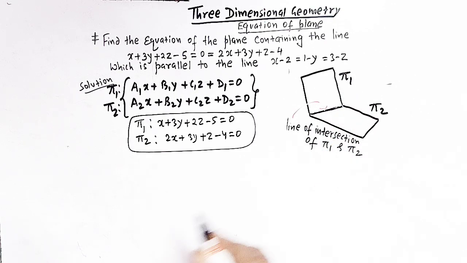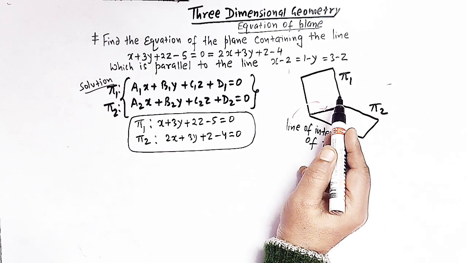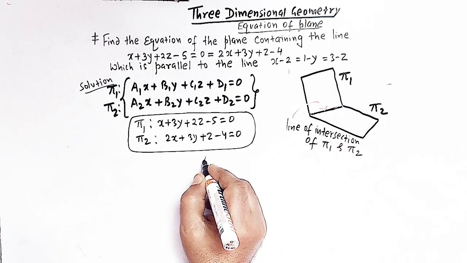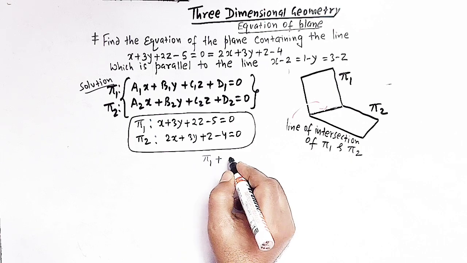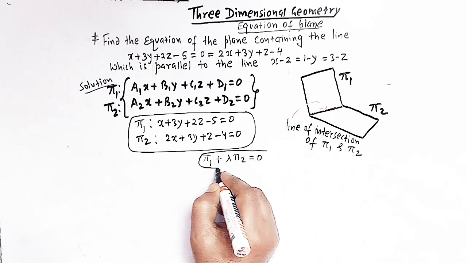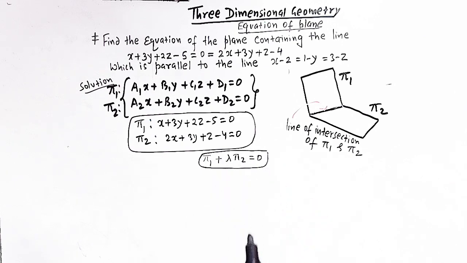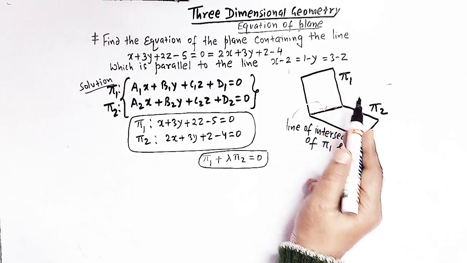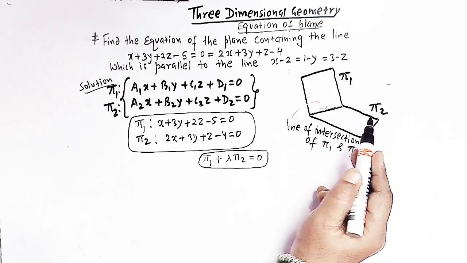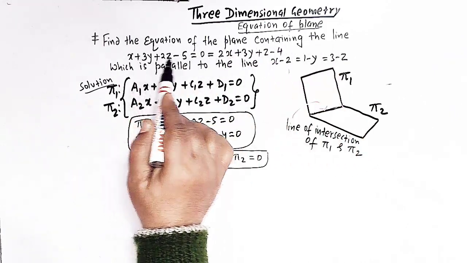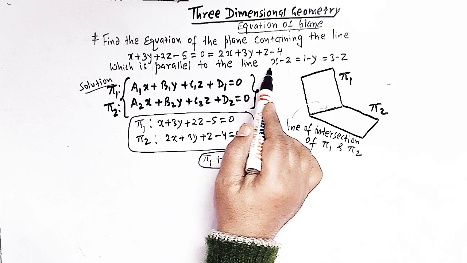So the equation of a plane which passes through the line of intersection of pi 1 and pi 2 is given by pi 1 plus lambda pi 2 is equal to 0, right? Here we have to find the equation of the plane containing this line, and which is parallel to this line.